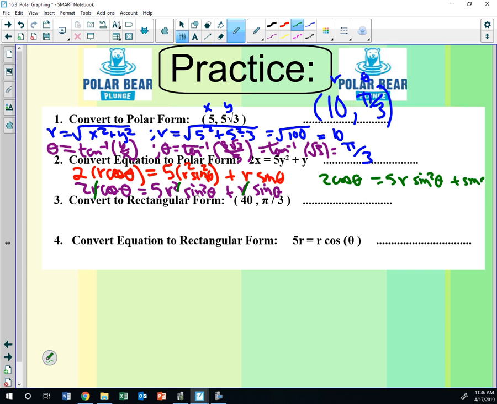Now you might be asked to solve for r, so you would go 2 cosine theta minus sine theta equals 5r sine squared. Divide by 5 sine squared, and there would be your equation. Don't worry about simplifying or any of that stuff.